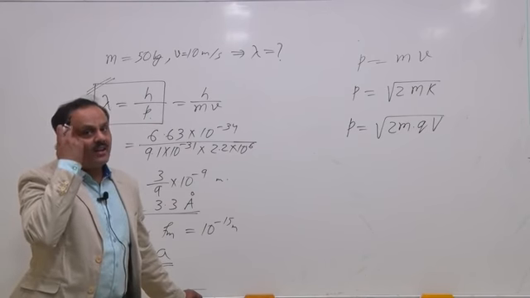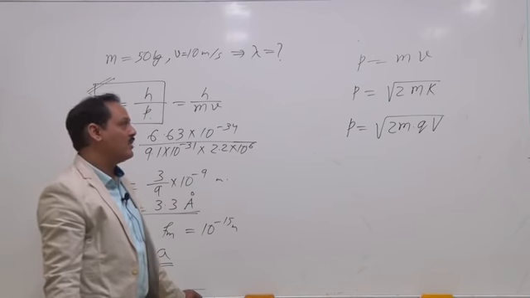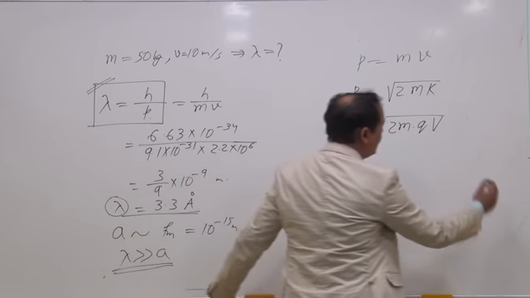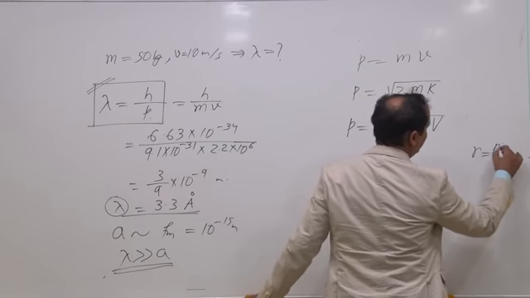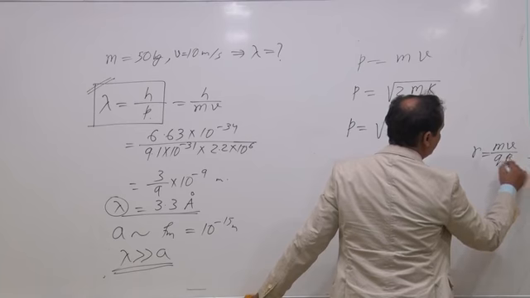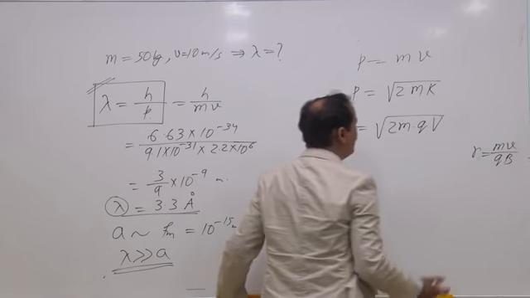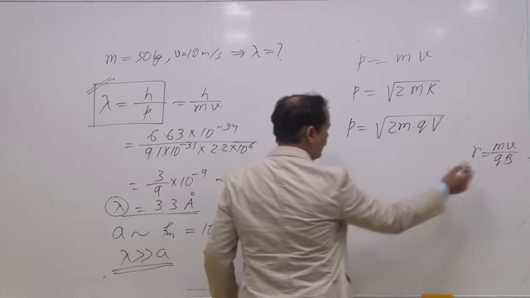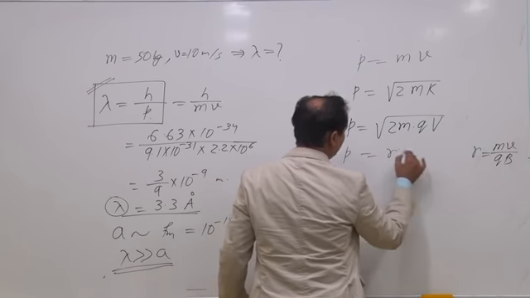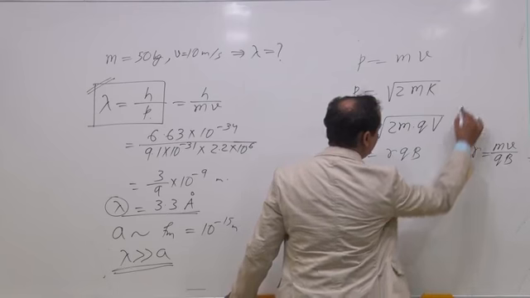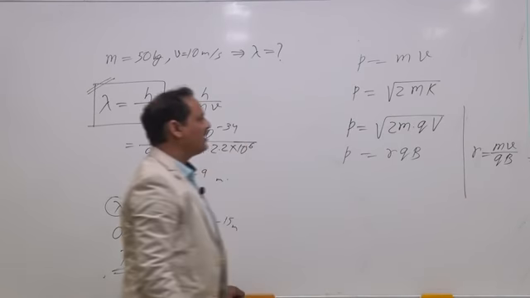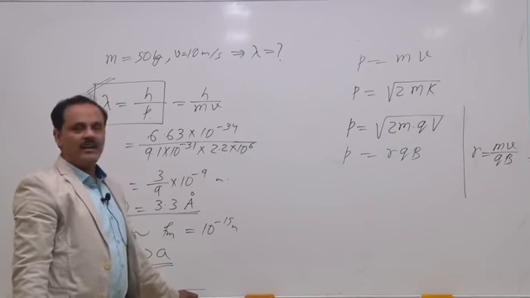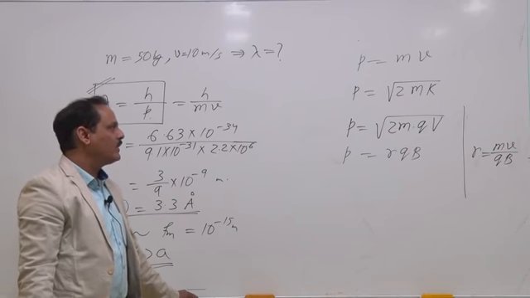If any charged particle is moving in a magnetic field in circular orbits, we know the radius is mv by qB, so mv is rqB. In that situation, p is equal to rqB if the charged particle is moving in a magnetic field in a circular orbit.